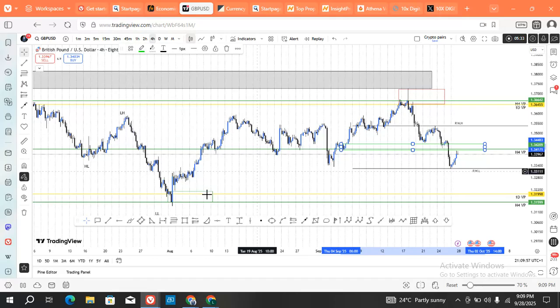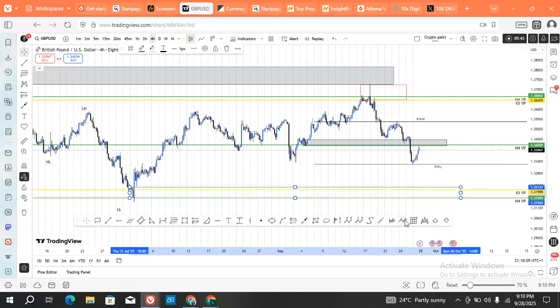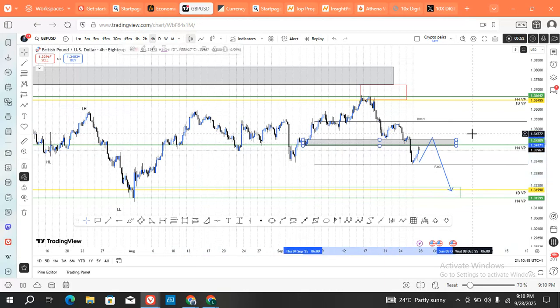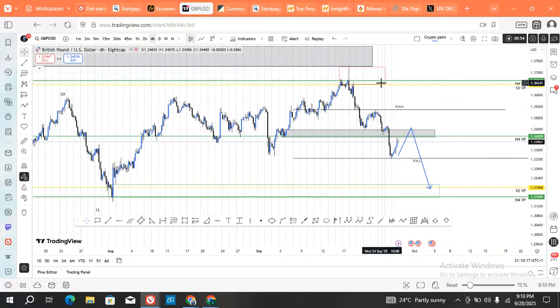So this is the demand zone I see over here right now. So for the market for this week, we expect the market to have a corrective structure for one more drop down, as I see for GBP USD.